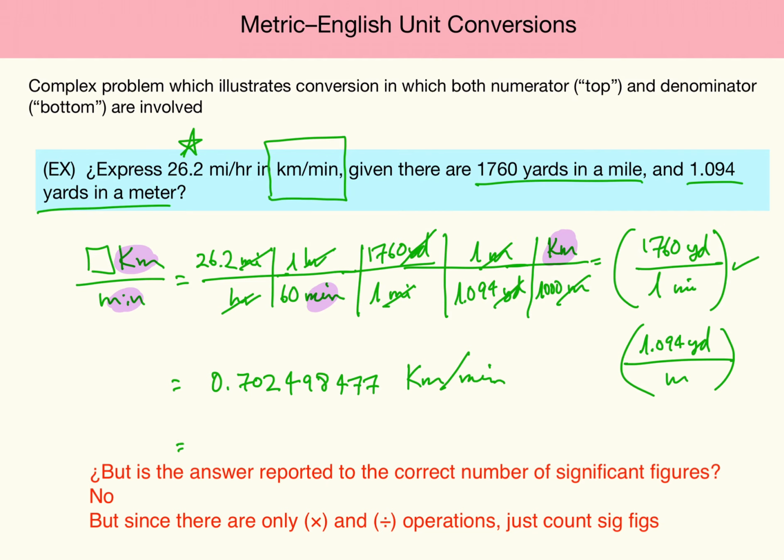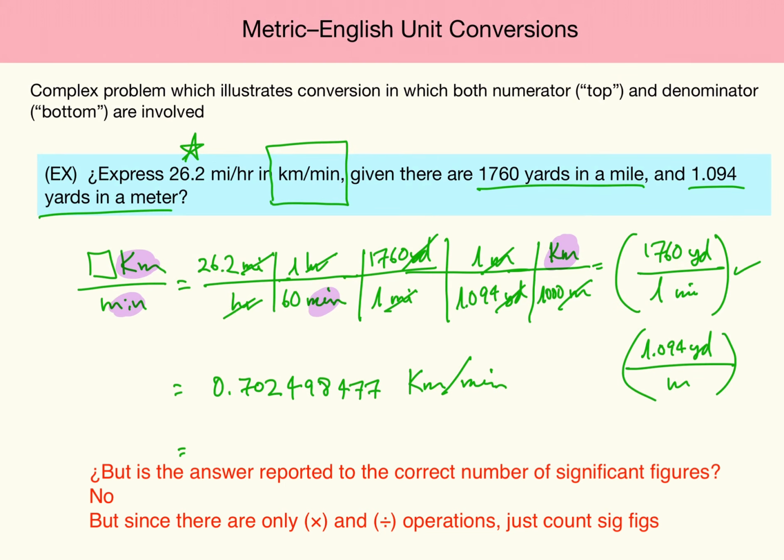Now, kind of to review sig figs, what should my answer really be? Well, let's look. This has 3 sig figs. This is exact, so I can forget that. This one has 3 sig figs. This has 4 sig figs, and this is a conversion, and it's exact. So the least number of sig figs I have is 3 significant figures.